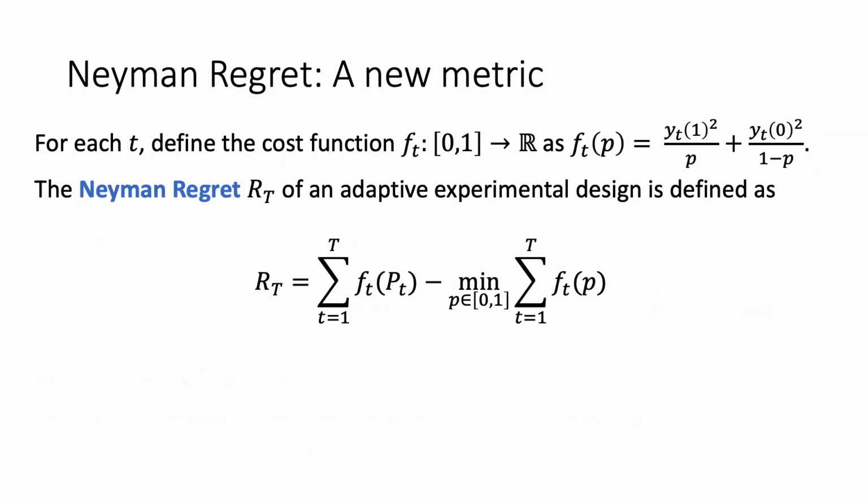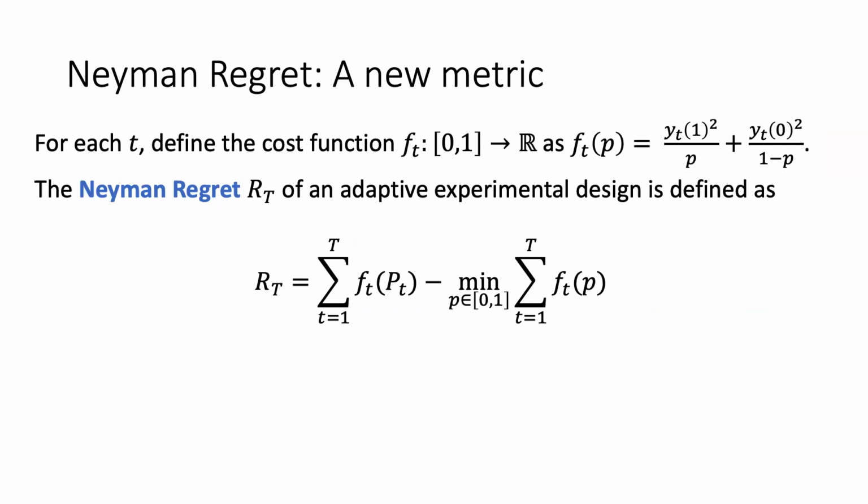And the Neyman regret of an adaptive experimental design is equal to the following quantity here. This is the cost of the design that you play contrasted with the best design in hindsight, the one that knows all of the outcomes beforehand.